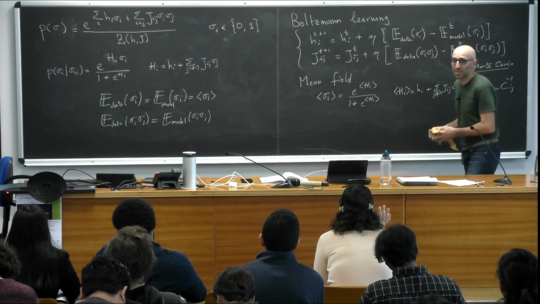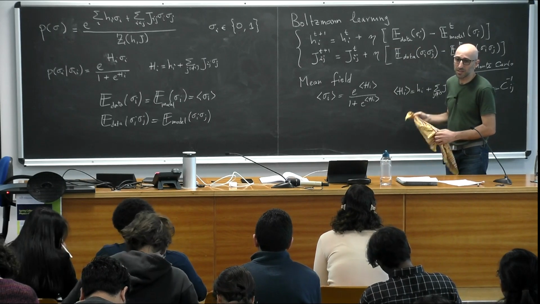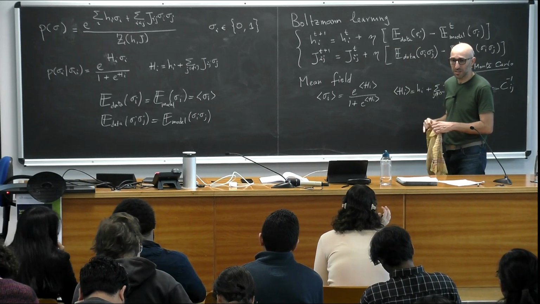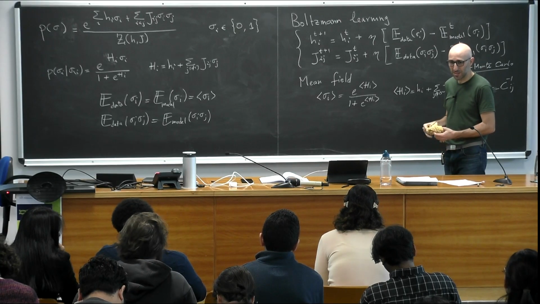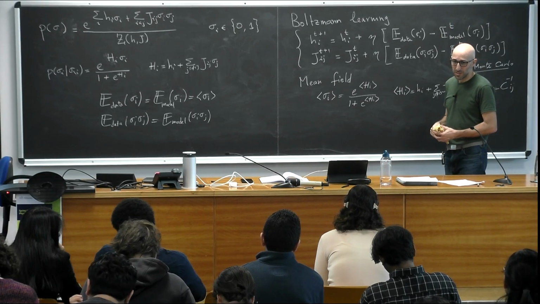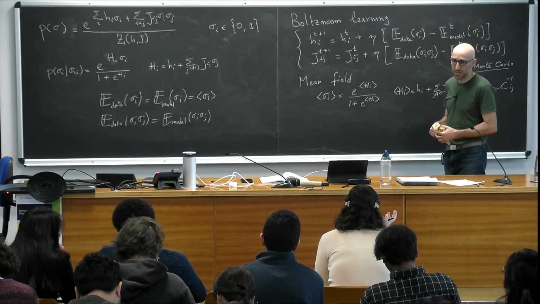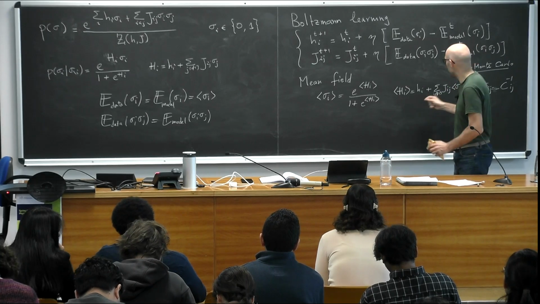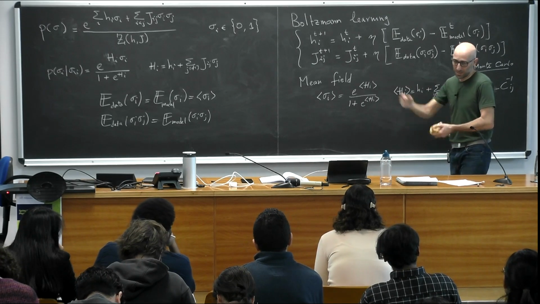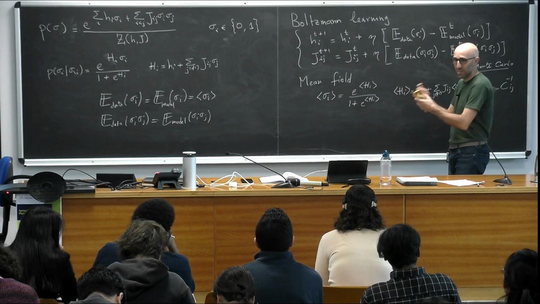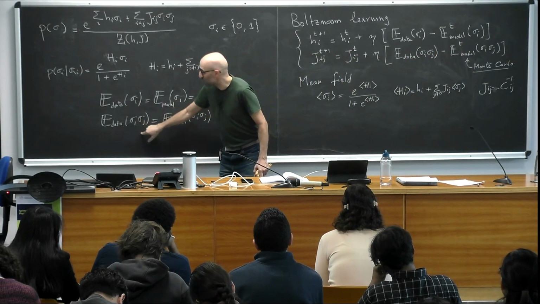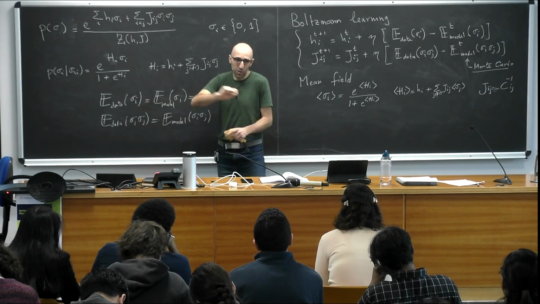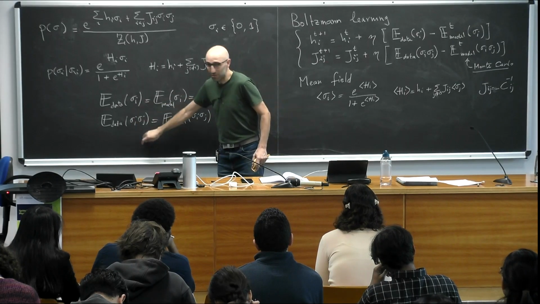So, yes? You mean when we use the mean field approximation, we don't need to do the Boltzmann learning and these iterations? Exactly. Actually, we can find the solution of the problem in one shot, basically. I give you the data, I will show you an example. You compute from the data these two quantities, which is easy, you just do an average over the data of these things.